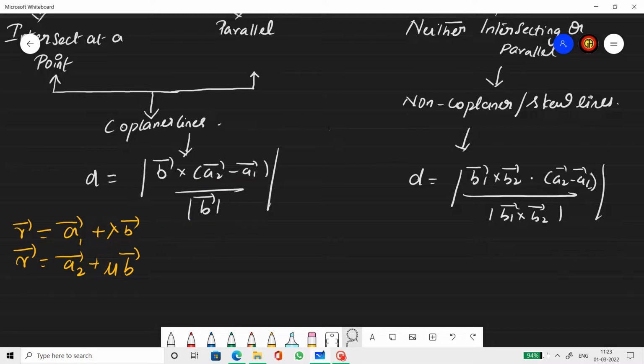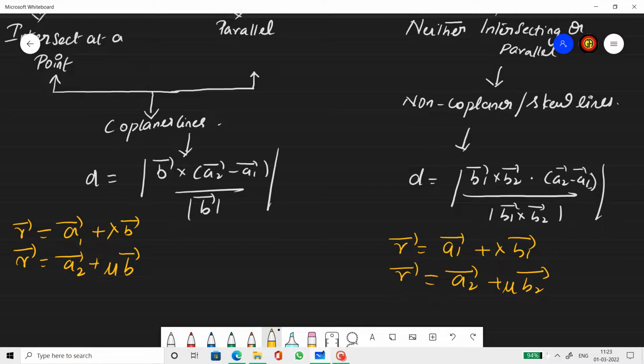Now, when the lines are non-coplanar, which means skew lines, how do they look like? r vector equals a1 vector plus lambda times b1 vector, and r vector equals a2 vector plus mu times b2 vector.